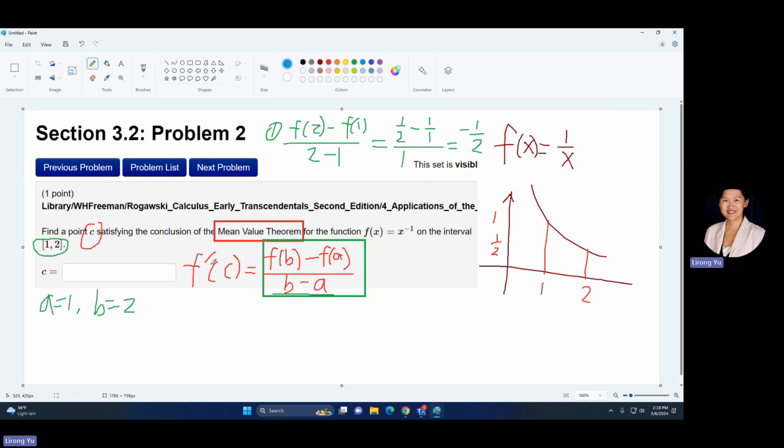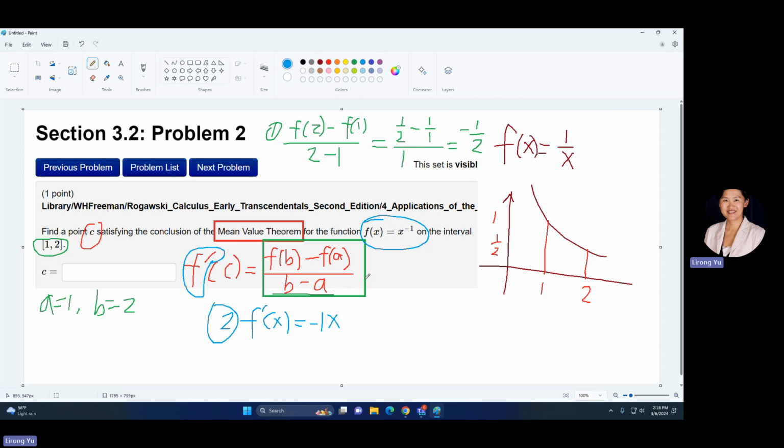Now we move on to the next step: you want to calculate f prime of c. What exactly is f prime? Your second step is you have to know the derivative. The derivative function should be derived from the original function. This is the original function, and according to the power rule, you move the -1 to the front.